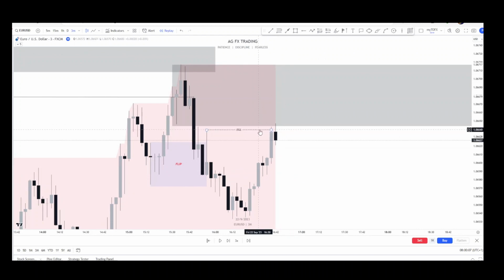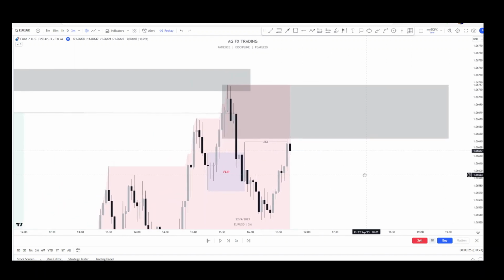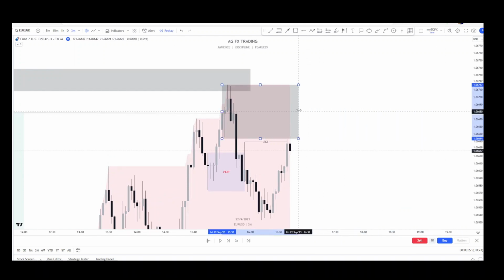But at this point, we are at the extreme. So this candle sweeping this high gave me about 80% confirmation that this may be the time to be selling. We also mitigated this 15-minute single candle.